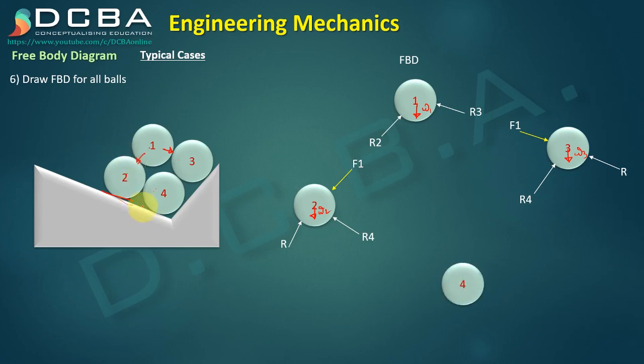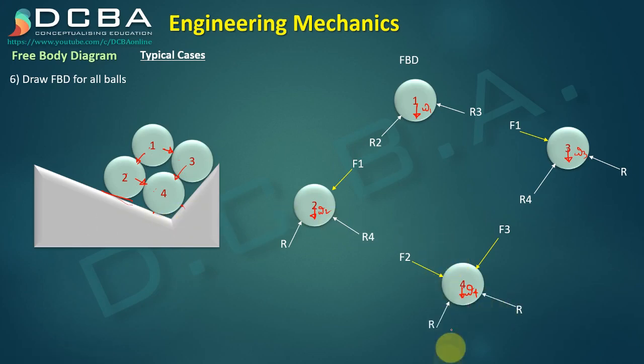And then the fourth one. Now second ball and third ball are applying force on this fourth ball. So we have two forces due to second ball and third ball. We have its own weight W4 and we have two reaction points because these are the 2 points on which that fourth ball is resting.